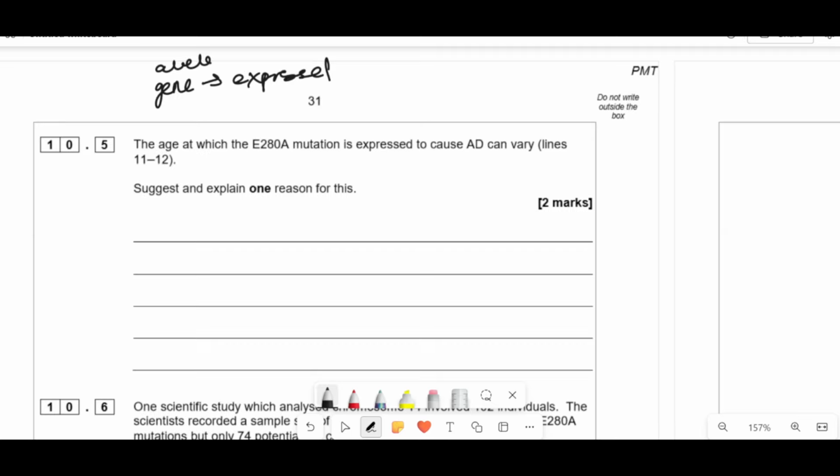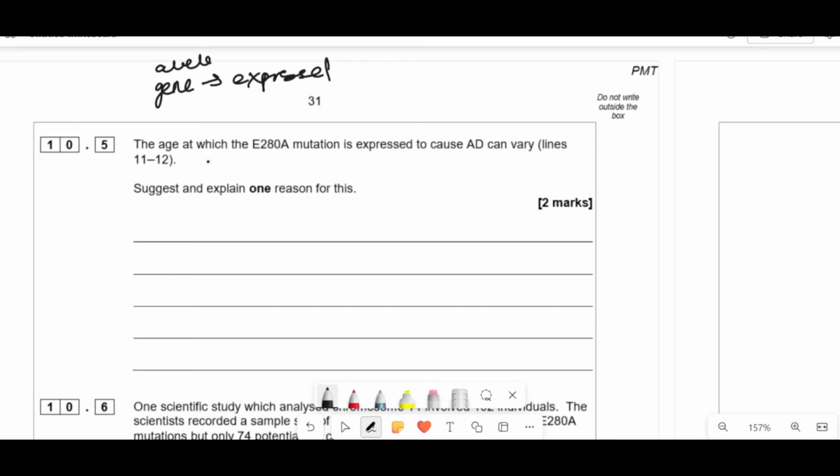A lot of people were talking about exposure to mutagenic agents, different levels of acetylcholine, which I guess is kind of fair, but the mutagenic agents, nah, not really, because they already had the mutation to begin with. What it's saying is that people who already have this tend to get it at either 45, 48, 49, 50, and so forth.